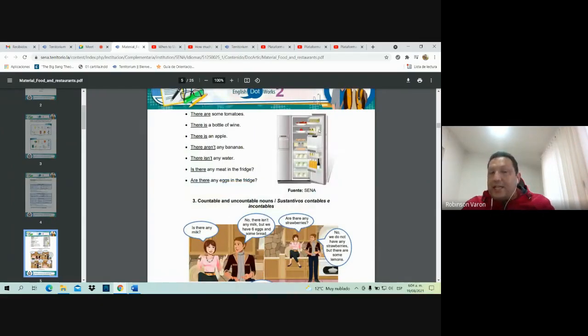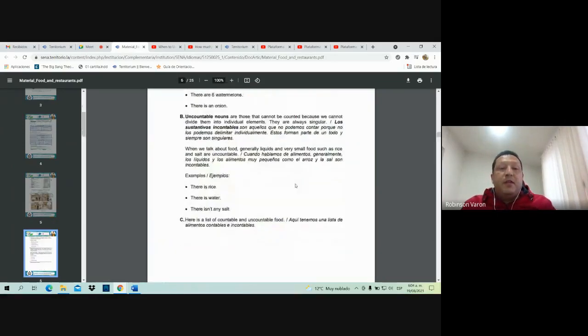Sometimes in class or outside the class, we use our refrigerator or fridge, observe it, and start using there is, there are to describe the objects you can see and also the objects you cannot see over there.